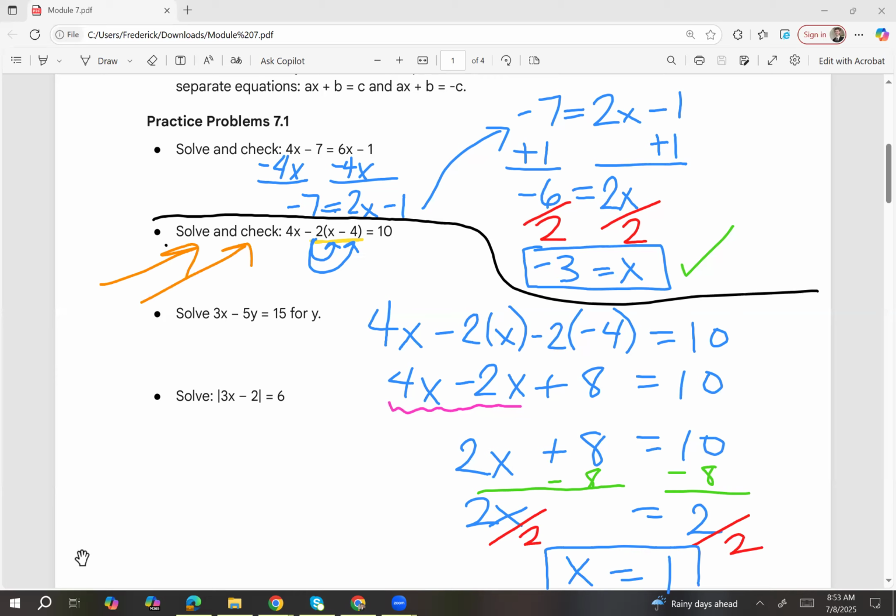Notice on the next example that you have 3x minus 5y equal 15, and you're asked to solve it for y.